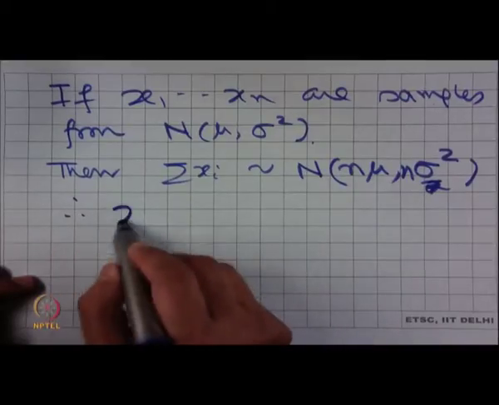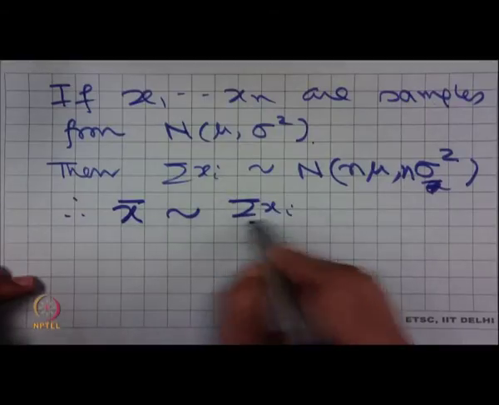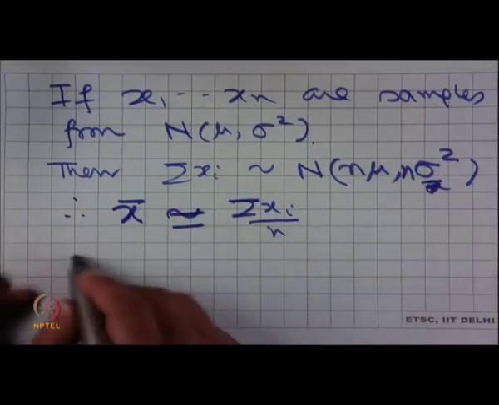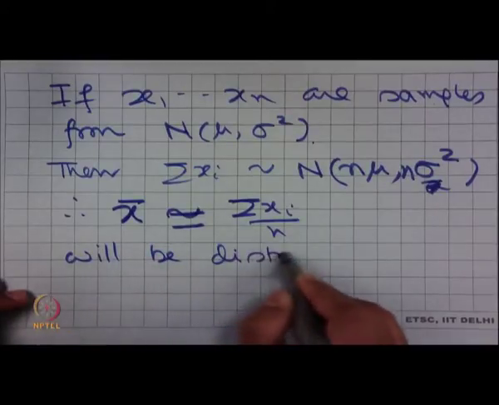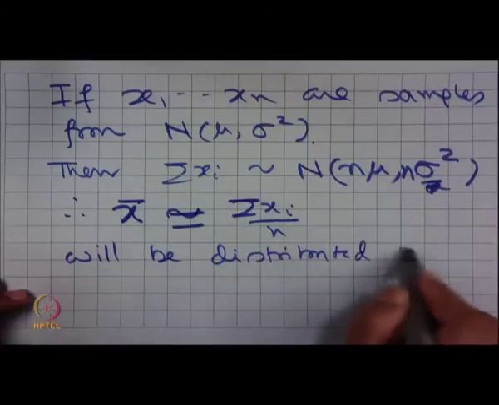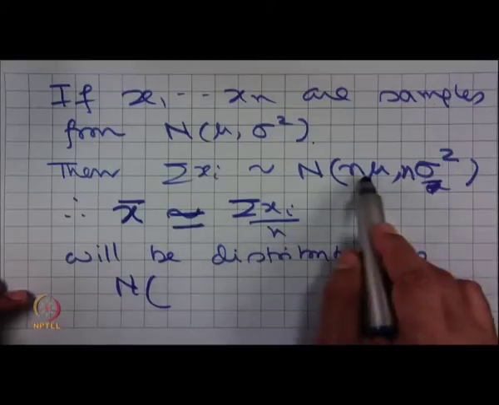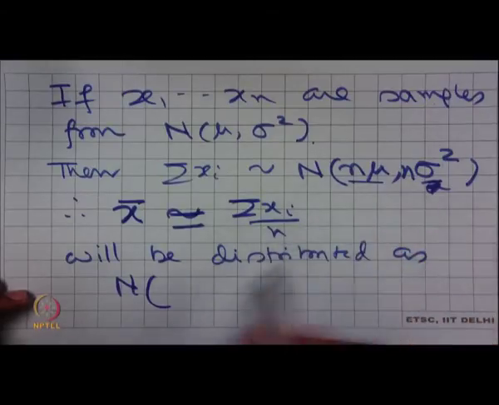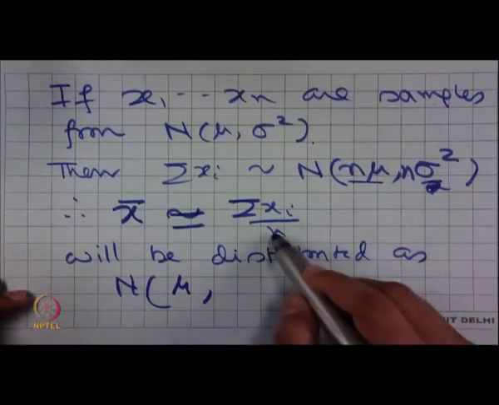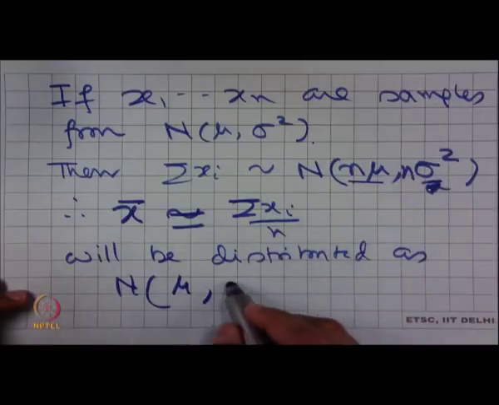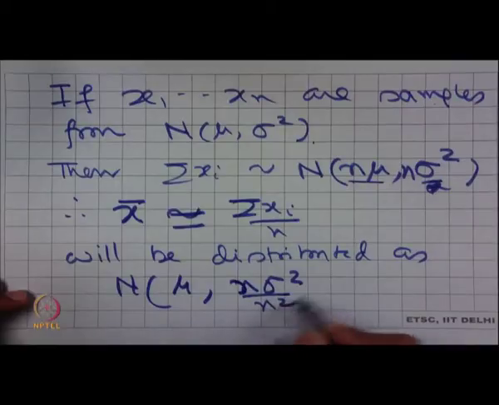Therefore, x bar, which is sum of x i by n, will be distributed as normal with, since I am dividing it by n, mean going to be mu, and since I am dividing by n, the variance is going to be divided by n square.